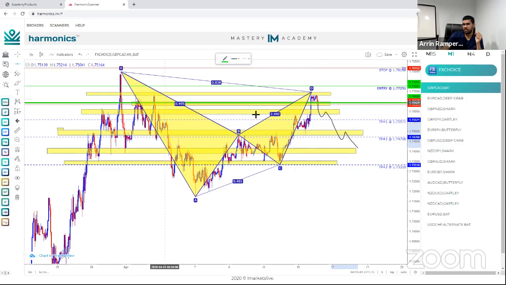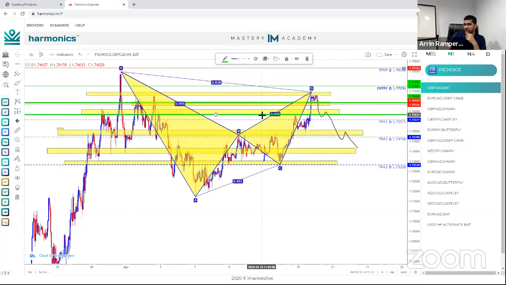You want to move your stop loss and put it over here, right? Likewise, price continues to move down, comes back up, touches that area, and then drops.